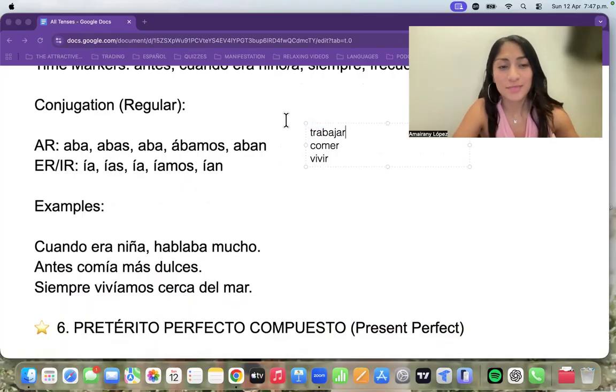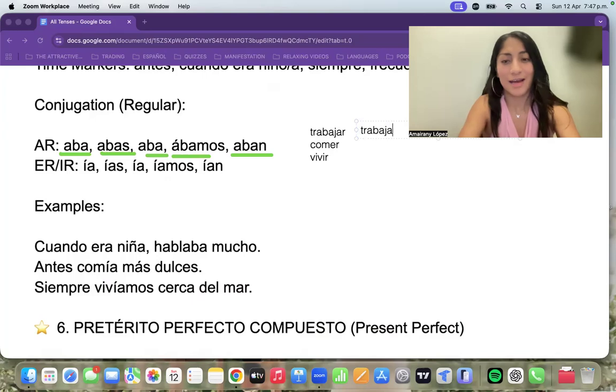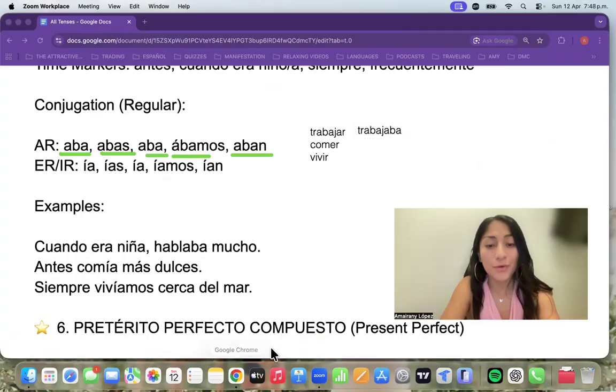Okay, so trabajar. I used to work, and we're gonna focus on the first one, meaning I. Then this would be you, he, she, it, we, and they. So I used to work would be trabajaba. Okay, and then you used to work.